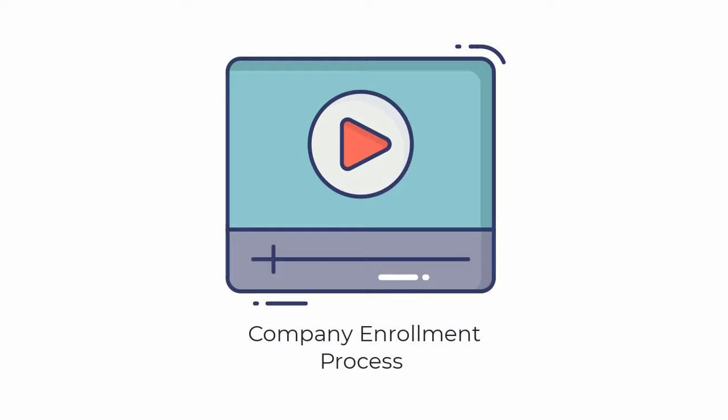Hopefully, you've already watched the company enrollment process video. As part of the company enrollment process, the first user invited onto SES by the regulator is required to assign 2 contacts: the supervisory activity contact and the complaints contact.